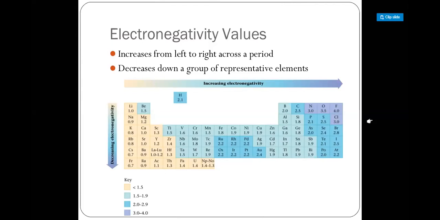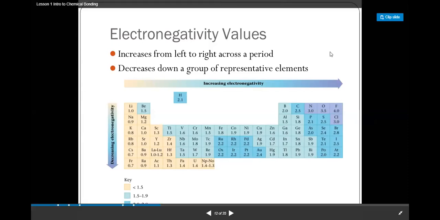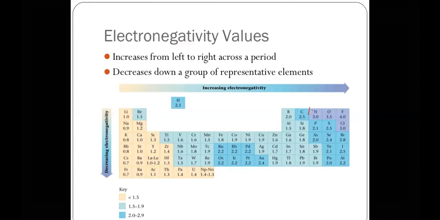So chlorine, fluorine, oxygen, and nitrogen you can see there. You need to remember this, very important. So these are the most electronegative elements in the periodic table. In the whole periodic table, these four are the most electronegative elements.